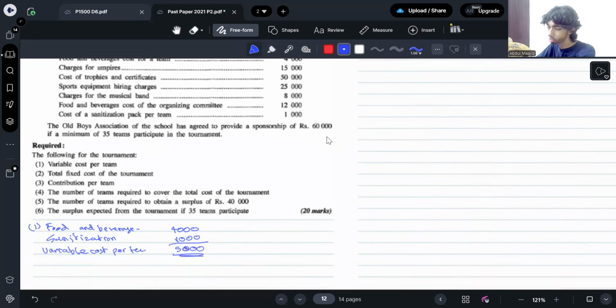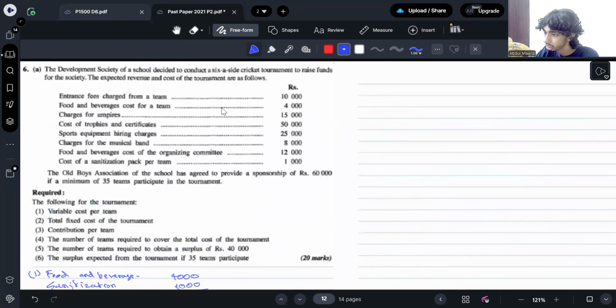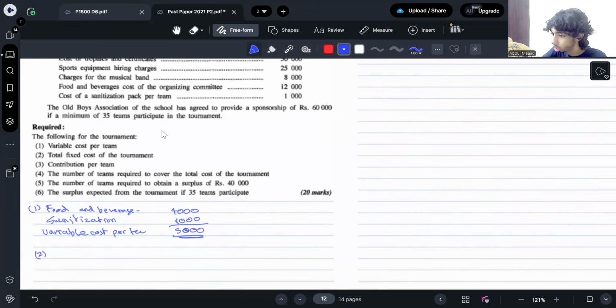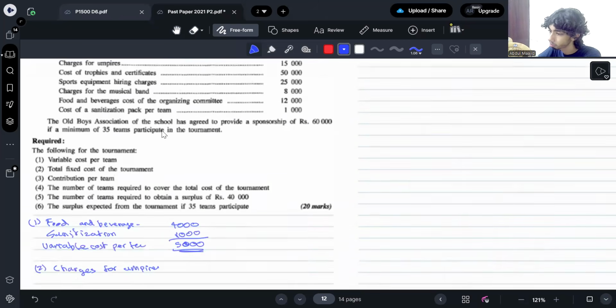Then total fixed cost of the tournament. You can take this entrance fee as the income from one team. Charges for umpire. No matter how many teams come, the charges for umpire will be fixed. Charges for umpire 15,000.